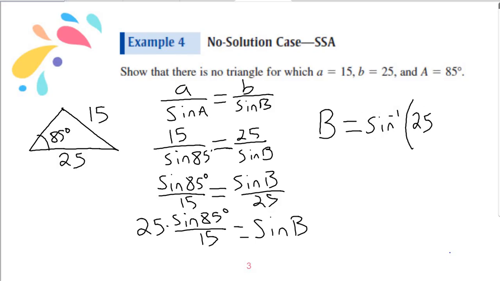So I'm going to take sine inverse of both sides, and then that'll give me what my big B has to be. And remember that that's a button on our calculator. So we can just type all of that into our calculator. Remember we need to be in degrees because our 85 is in degrees.